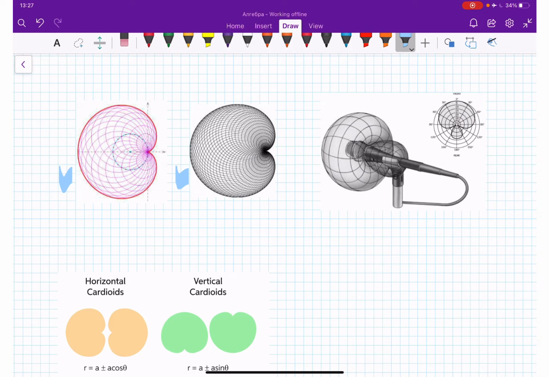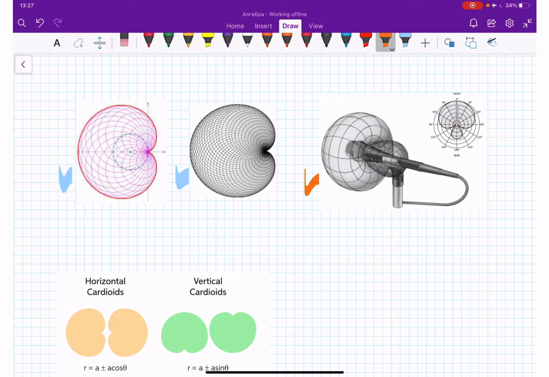A microphone is usually sensitive to sound from the front and from the rear, but with a cardioid you have rejection of the sound coming from the sides. So this microphone is a cardioid microphone.